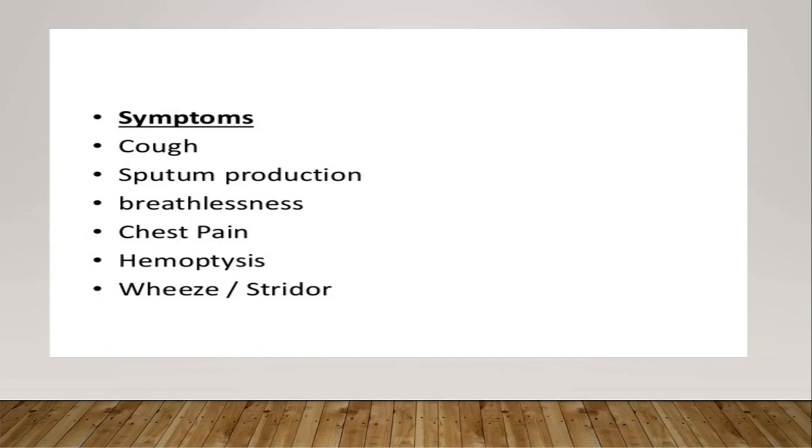Moderate is from more than 100 to 400 ml within 24 hours. Massive hemoptysis is more than 400 ml per 24 hours. Sometimes 100 ml per hour of coughing up blood is considered massive hemoptysis and needs urgent intervention and management.